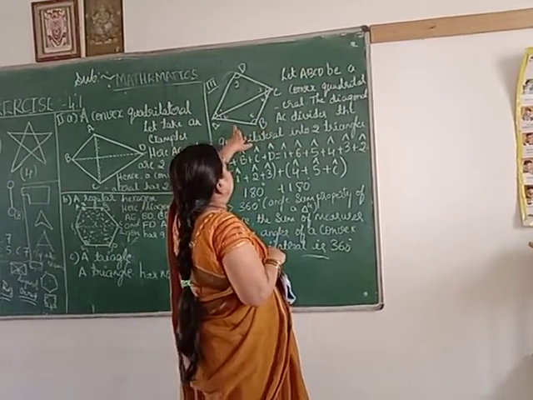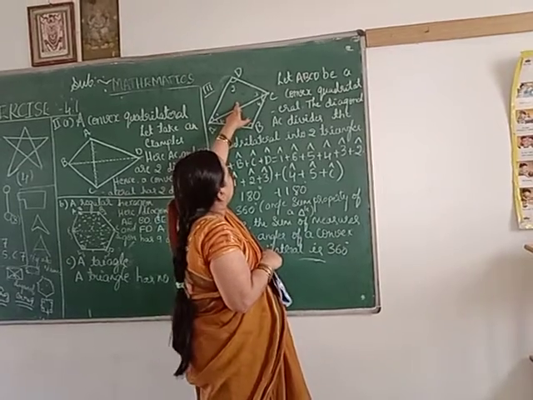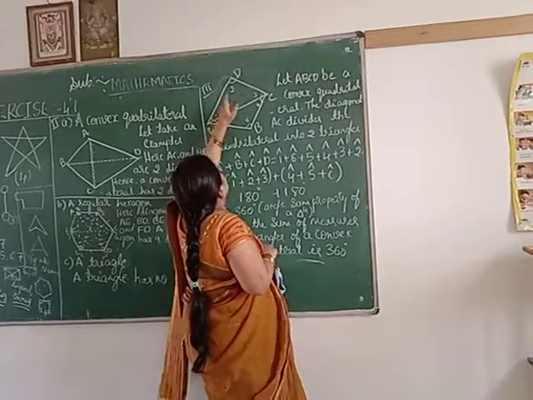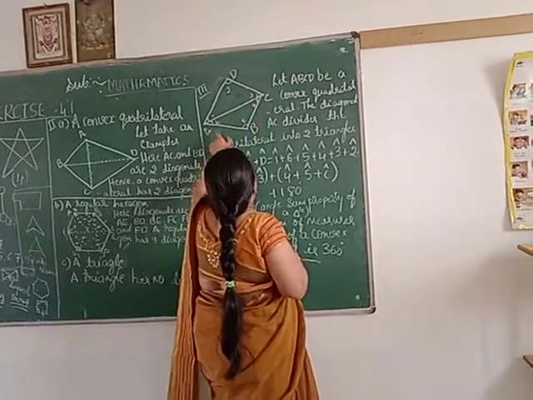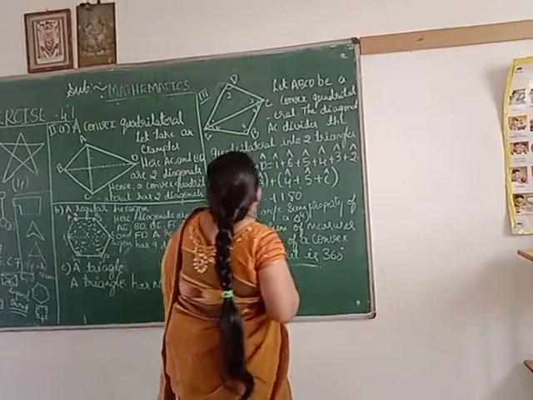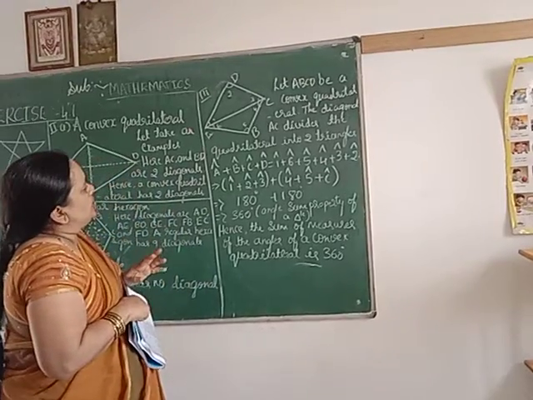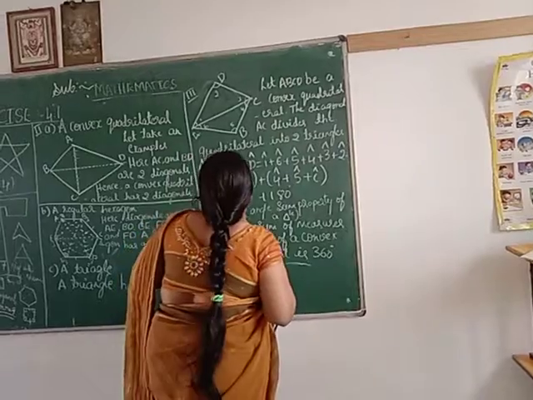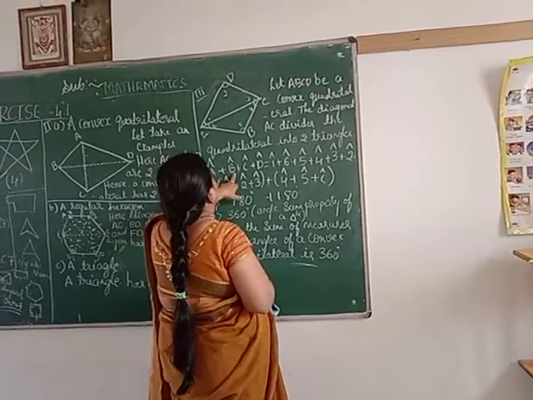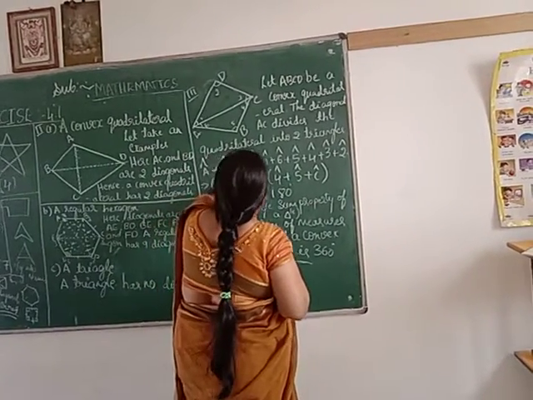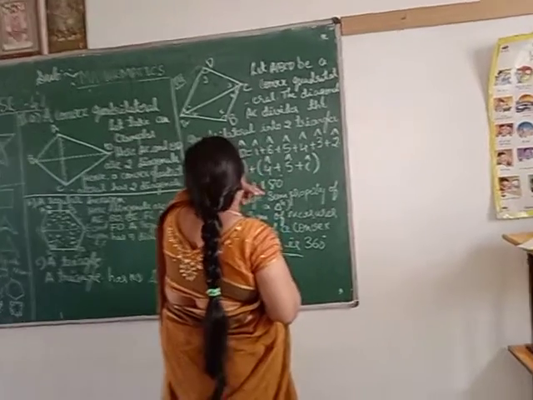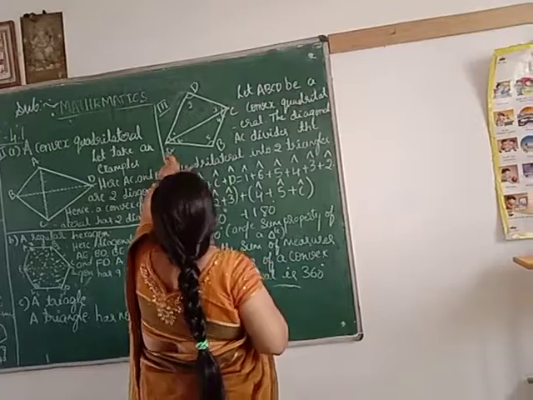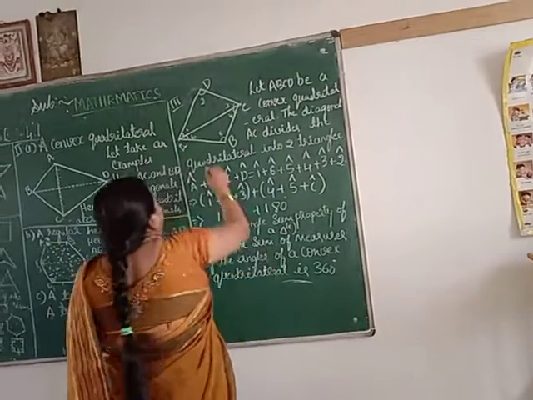So AC divides it into 2 triangles. When we draw one diagonal AC, ADC becomes one triangle and ABC becomes another triangle, correct? So there are 2 triangles. Here we name the angles: angle A, angle B, angle C, angle D. You know very well the angle sum property of a triangle.